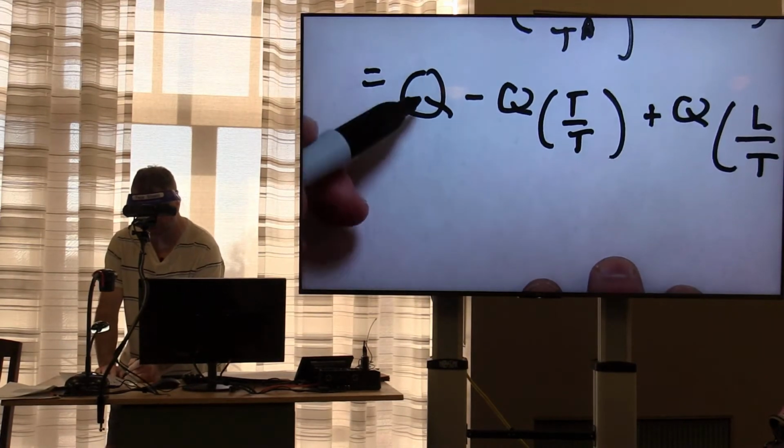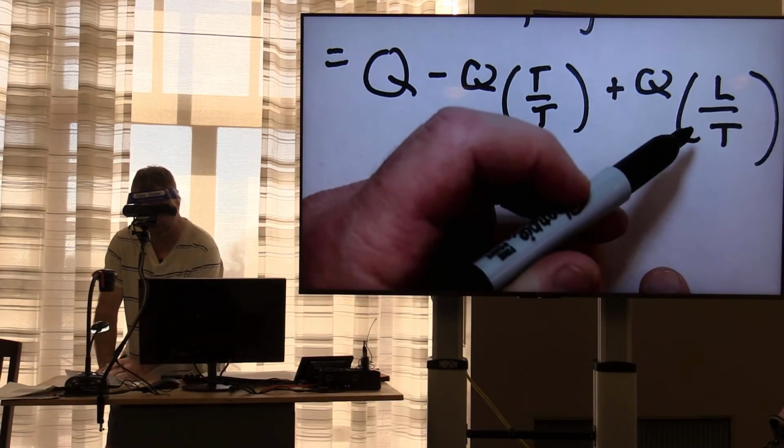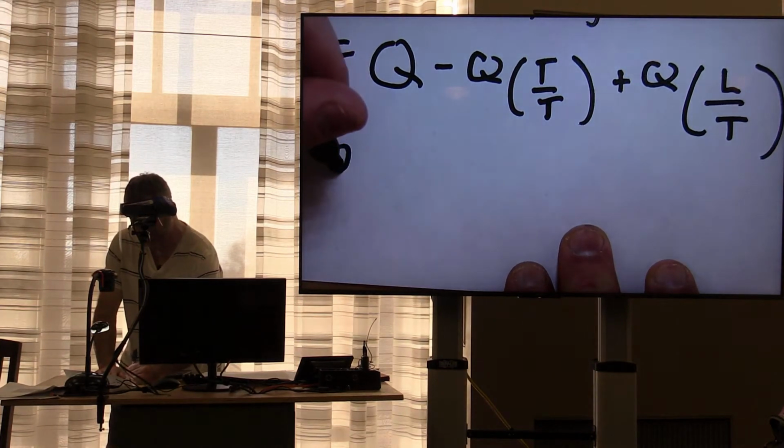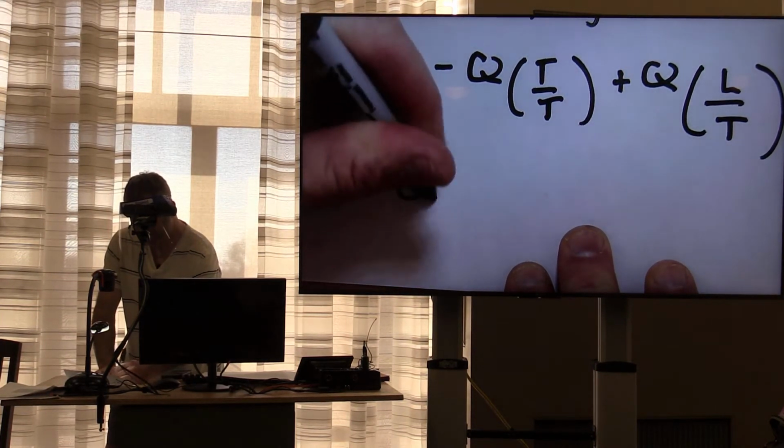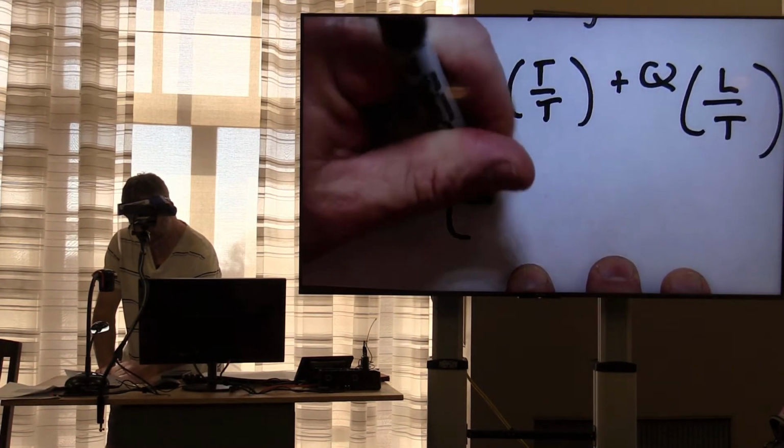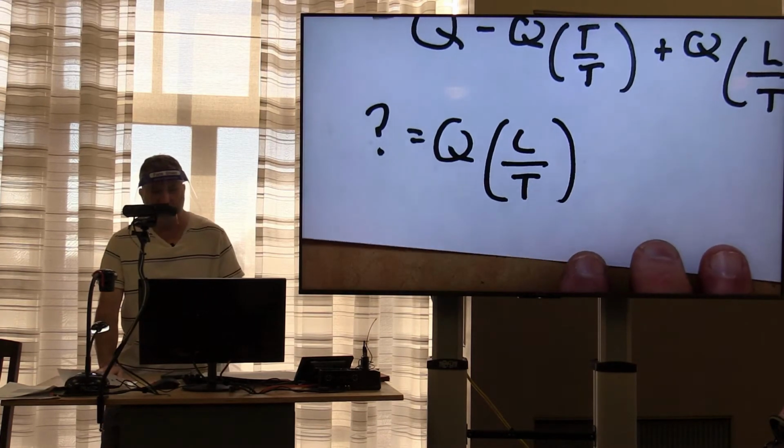And of course, this is just Q minus Q, so the only thing you're left with is Q times L divided by T.